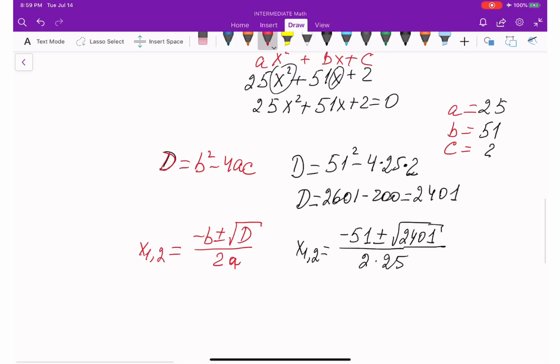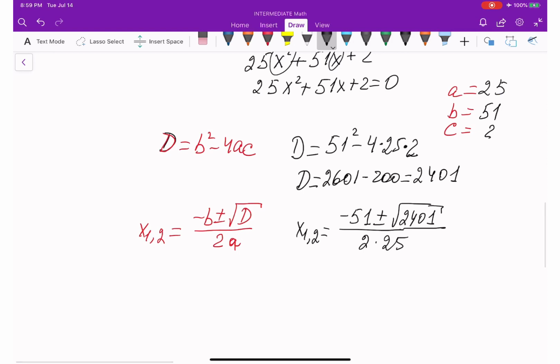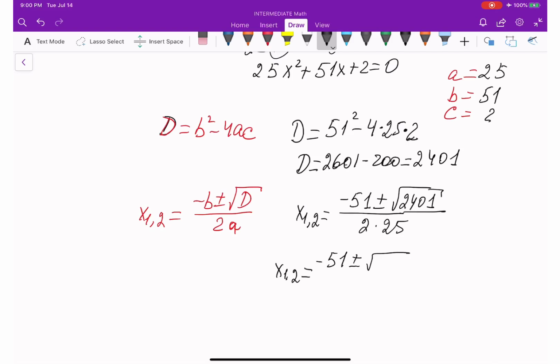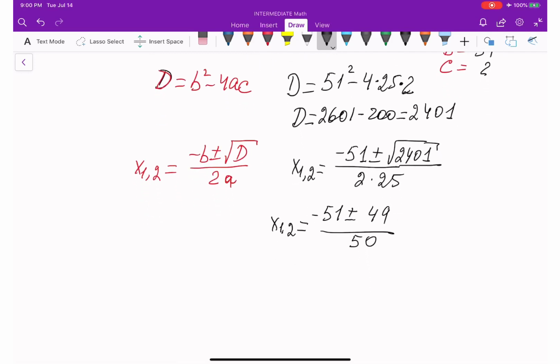So x1,2 is equal to negative 51 plus minus the square root of 2401, which is 49, over 50. So x1 is going to be negative 51 plus 49 over 50.